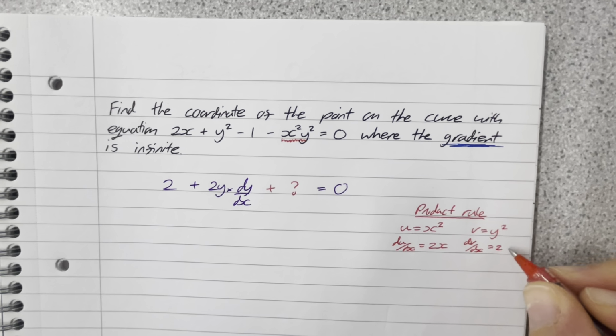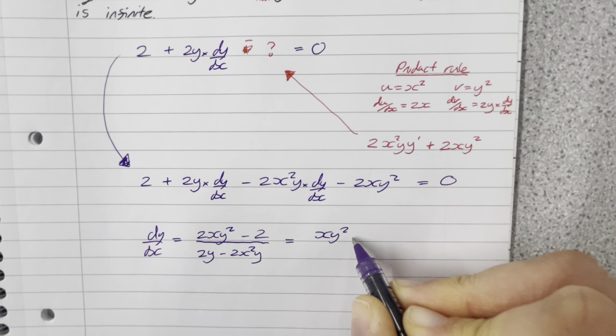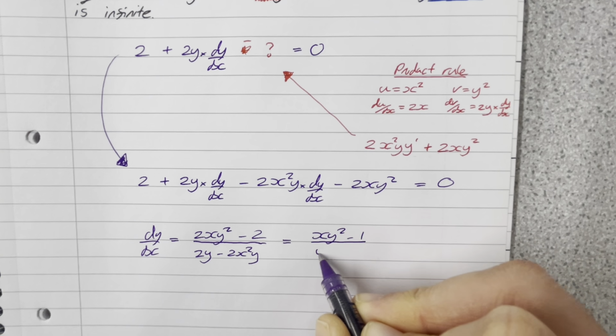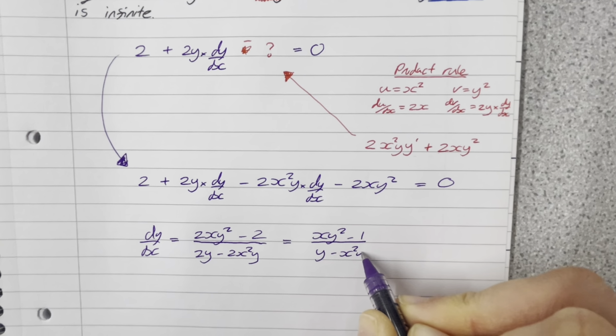So dy by dx is going to equal 2xy squared minus 2. I brought that across, and I need to divide by the coefficient of y prime, so that's 2y minus 2x squared y, and then we can divide top and bottom by 2, so that's xy squared minus 1 divided by y minus x squared y. There we go, that's the derivative.